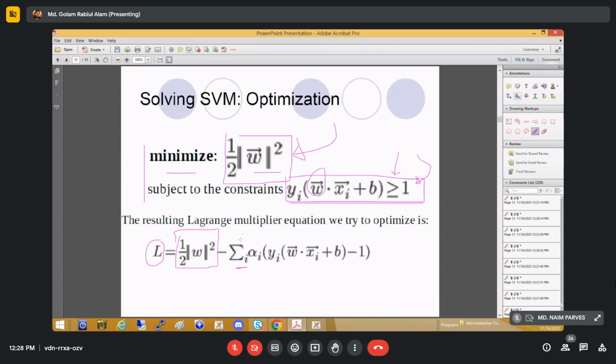This alpha i is our Lagrangian constant for each and every data point: alpha i times yi(w·xi + b) minus 1.